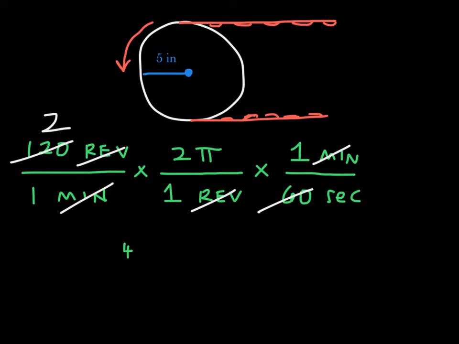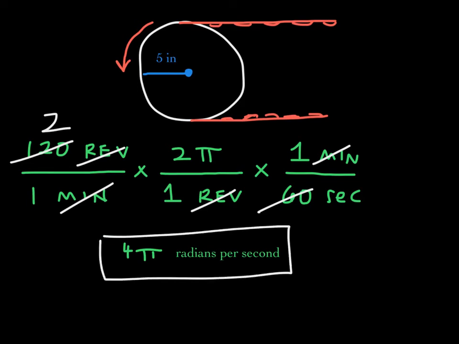Let's actually write it out. Let's be more precise. 4 pi radians per second. Okay. So this is the angular speed for this context.